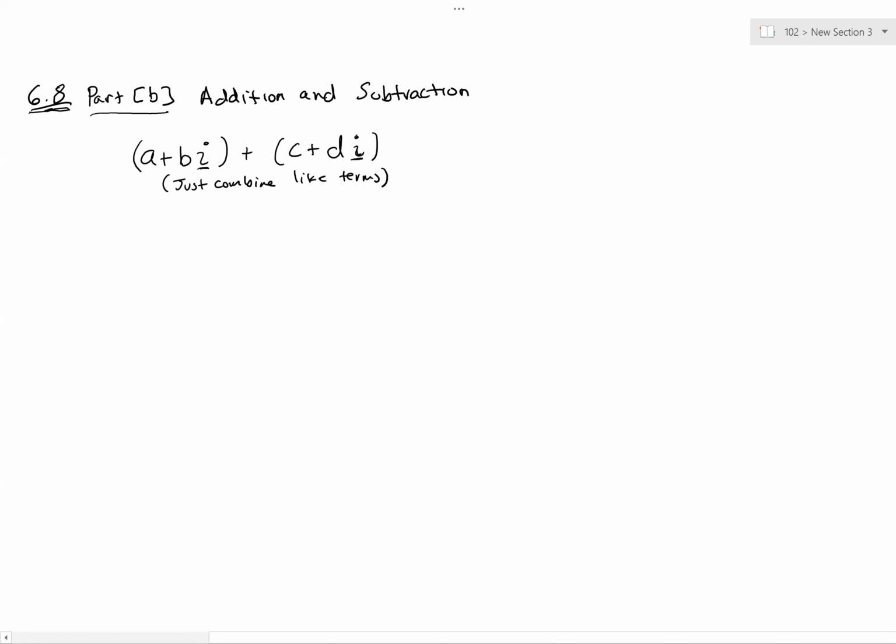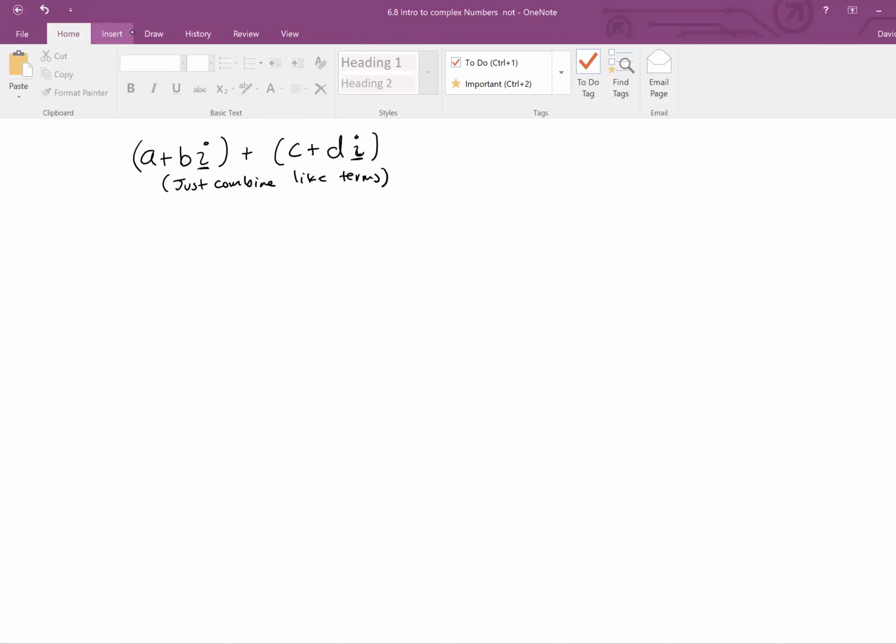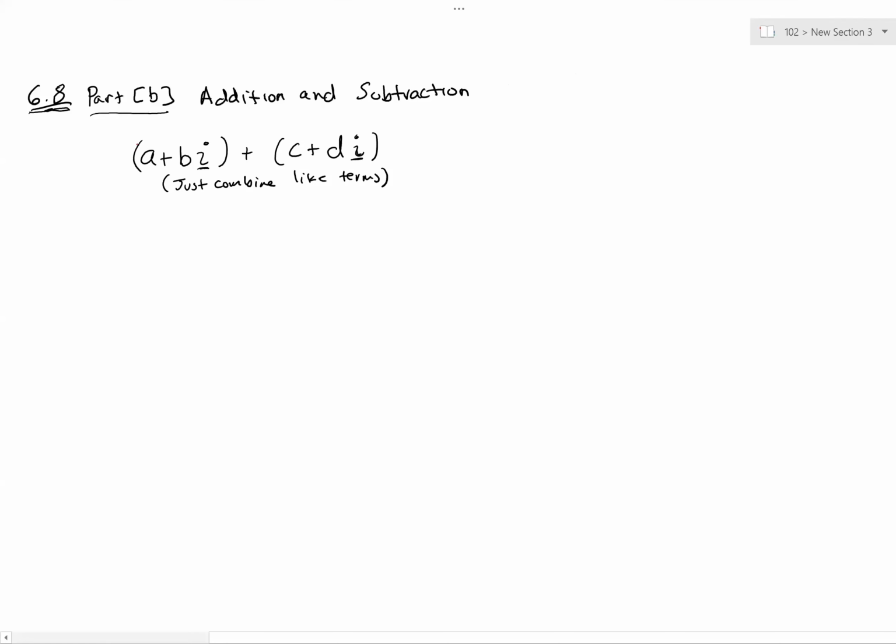So here we would add the two real numbers. I'm going to combine the two real parts together. So if I add the a and the c, that becomes a plus c. That will be the new real part.